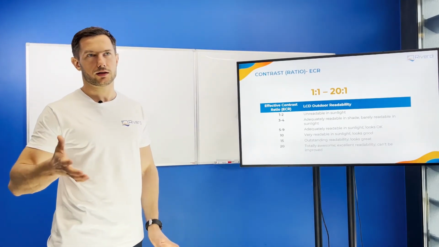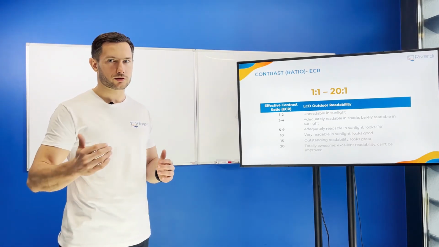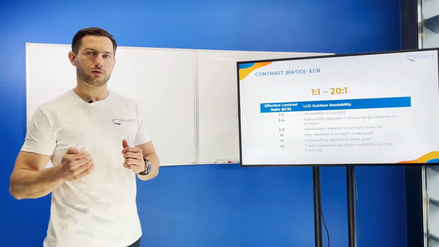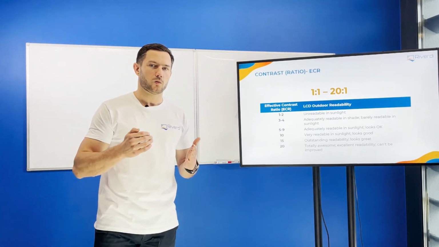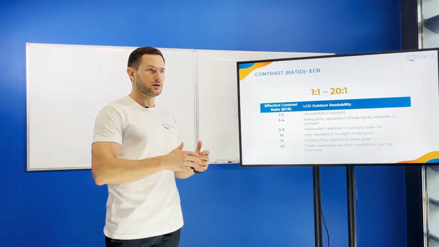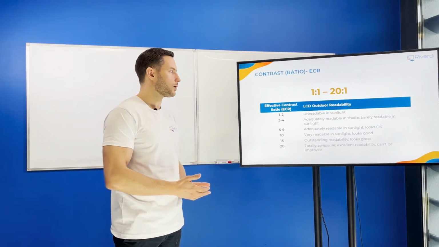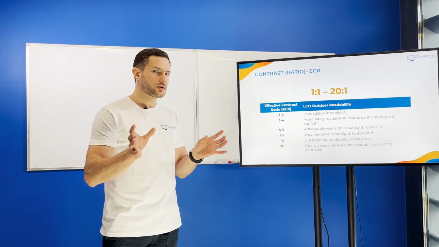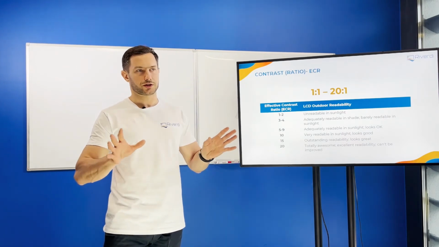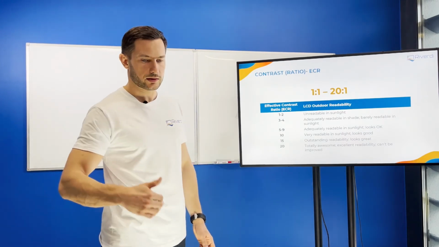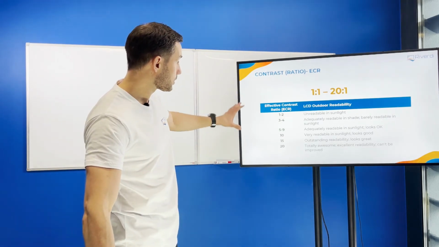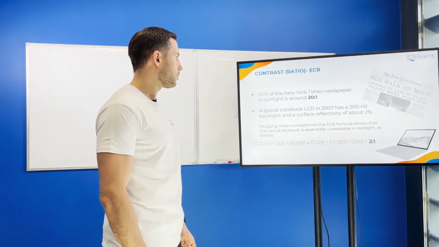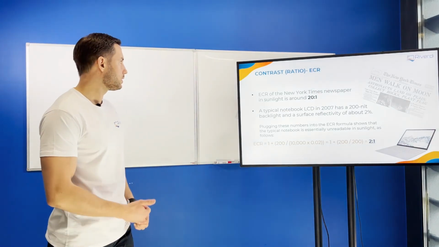If we work in a dark environment, maybe we will look at the contrast, and a display that is 1 to 1000 would be better than a display that is 1 to 500. But in real life, when we have a bright environment, these two displays will look pretty much similar and will be similarly readable, because the real numbers will be way lower. It's connected actually with other factors, not the contrast itself.